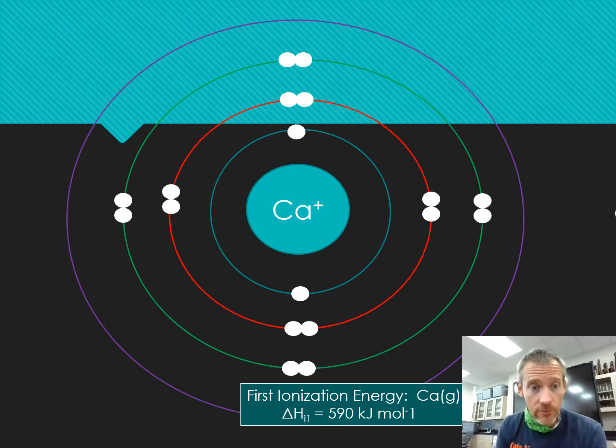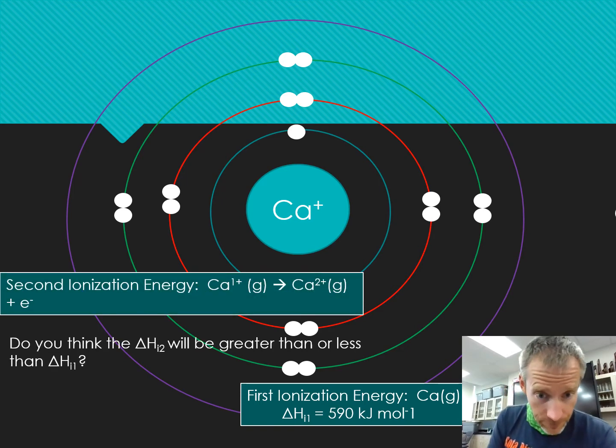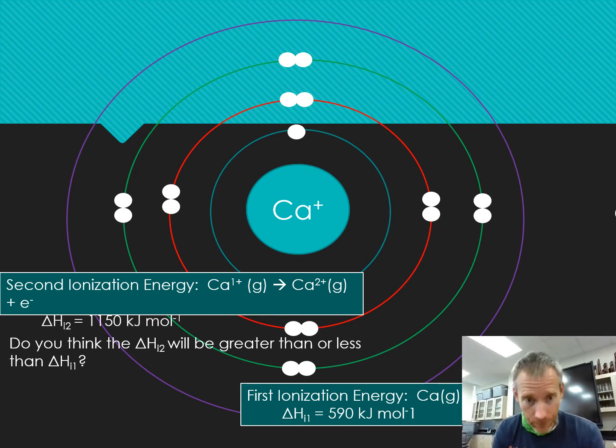Now, if it wants to lose another one, which it does because it needs to lose all its valence electrons, it requires more energy. So why does it require more energy? It requires almost twice as much.